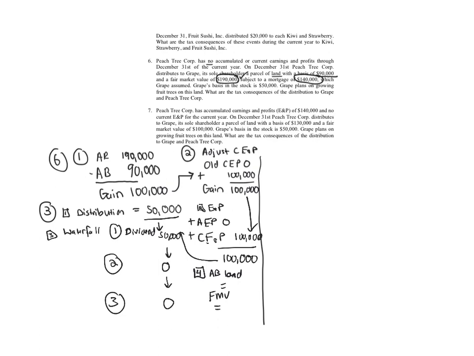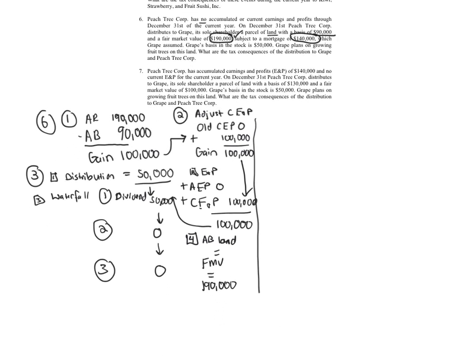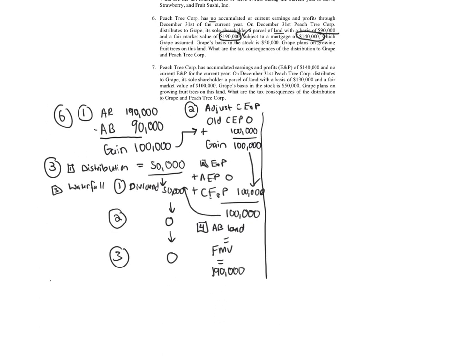So that's going to equal $190,000. Step 4, accumulate E&P for next year. We take accumulate E&P given. Current E&P given.